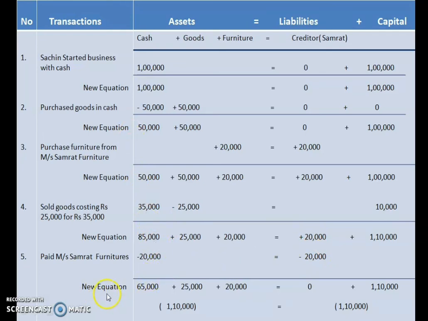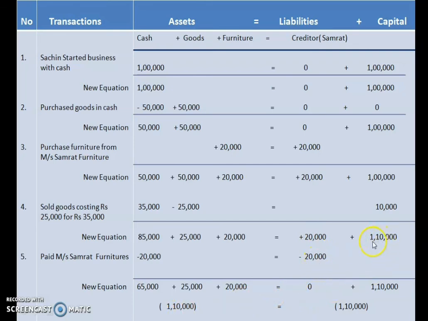So forming a new equation after this fifth case, we will write the new equation. That means 85,000 less 20,000, that will give you 65,000. 25,000 we will write it down as it is. 20,000 again we will write down as it is. So asset side we are getting the total 65,000 plus 25,000 plus 20,000, that is 1,10,000. And in creditors we know that 20,000 minus 20,000 is 0.